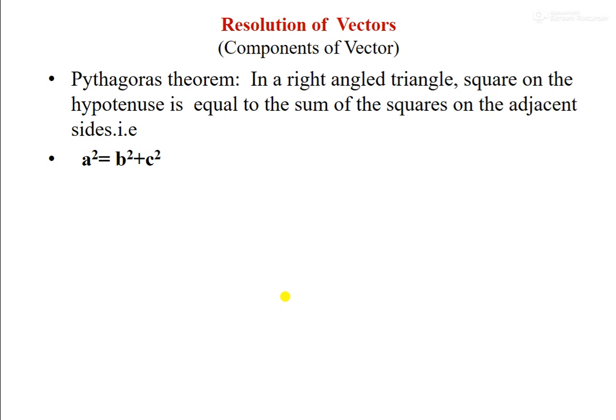First, in your previous 10th standard we have learned about the Pythagoras theorem. What do you call the Pythagoras theorem? It tells that in a right angle triangle, the square on the hypotenuse is equal to the sum of the squares on the adjacent sides.